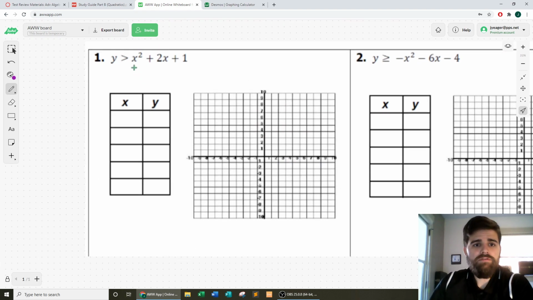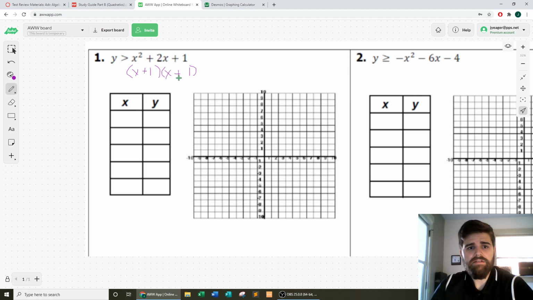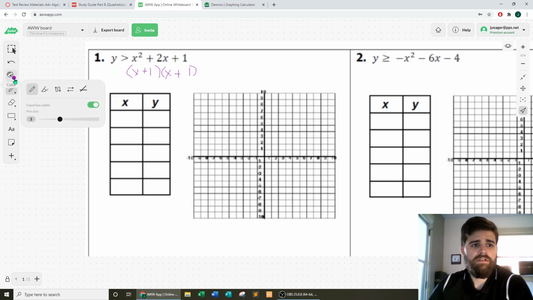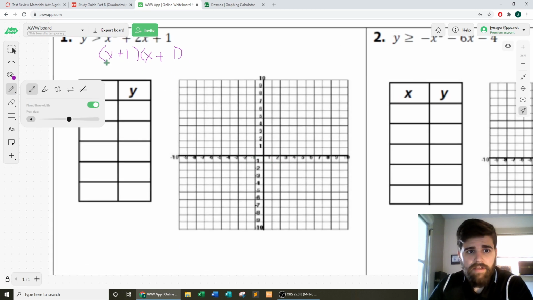Okay, so first things first, I want to graph this quadratic. So I've got x squared plus 2x plus 1. Let me see if I can factor it. So 1 times 1 gives me 1, and if I add those together, I get 2. So I know I have a single root at -1, x equals -1 is my solution here.